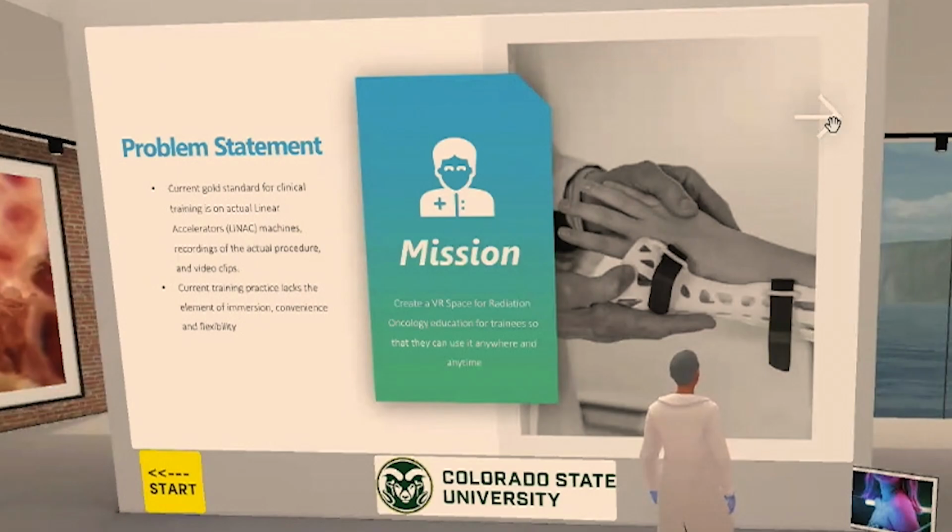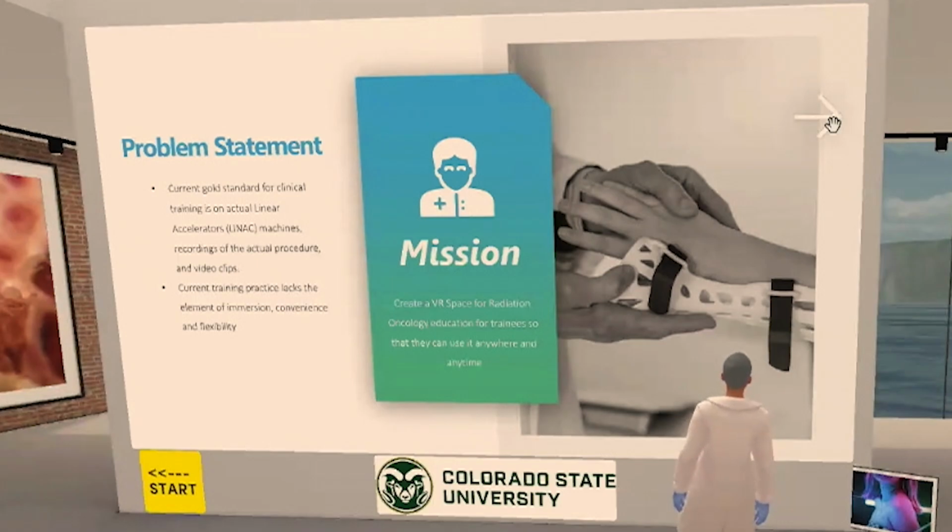So our goal was to create this virtual space where trainees can come in at any given time, and on their own terms, navigate the space, learn about oncology, learn about different stages of cancers, learn about different techniques, both for diagnostic as well as for treatment options, and then also go through the operations room to really get to know the machine and the patient setups.